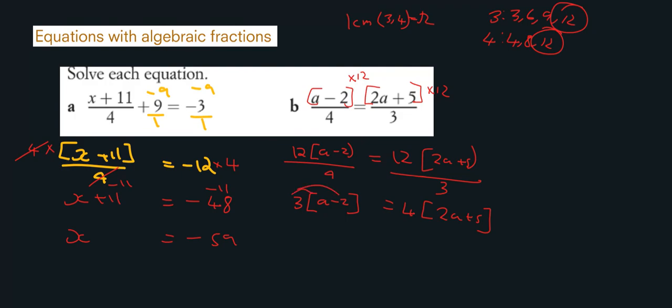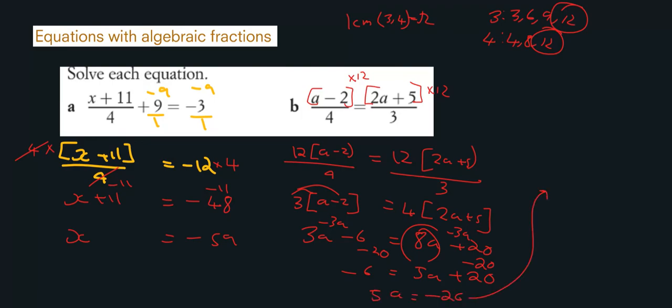So we can apply the distributive law to get 3a subtract 6, 8a plus 20. This is the largest, so inverse operations, negative 6 is equal to 8a plus 20. Inverse operations again, 8a minus 3a is certainly not 8, it is 5a, subtract 20 both sides. So we get 5a is equal to negative 26.